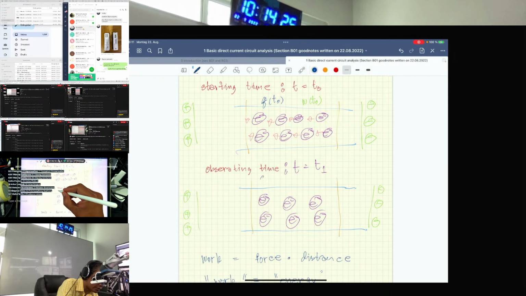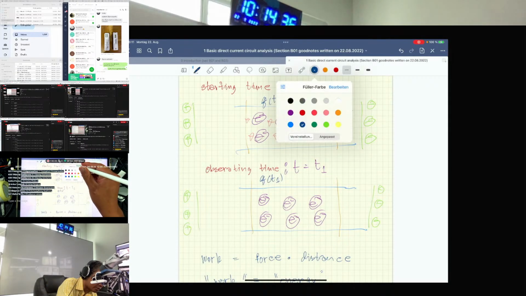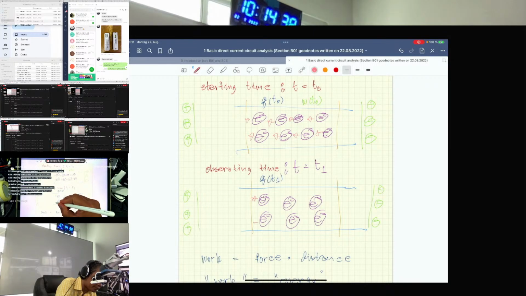It's equal to Q at t1, and the work that has been done to put the electrons this way, to the left hand side, like this, it moved to the left hand side. Okay, the work that has been done for this purpose has now changed from W at t0 to W at t1.